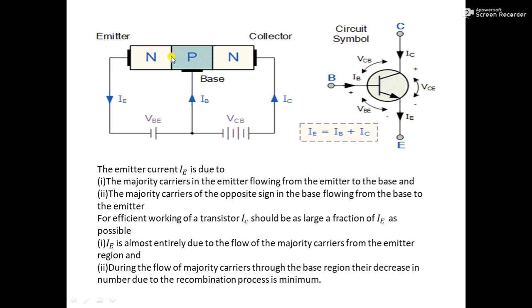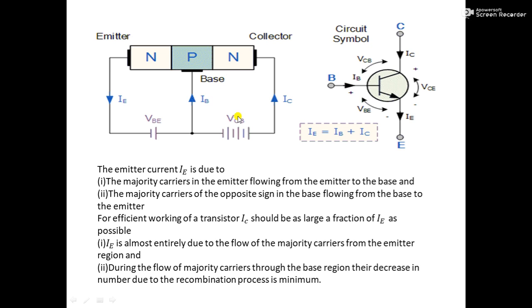It is due to the holes generated thermally in the collector region and electrons generated thermally in the base region. Thus, the total collector current is due to the diffusion current and the current due to the thermally generated carriers in the collector region and the base region.